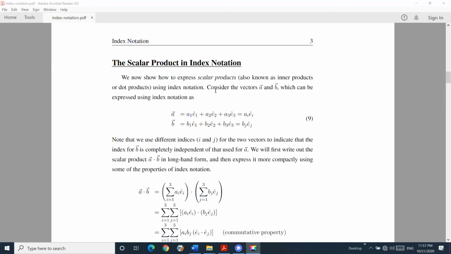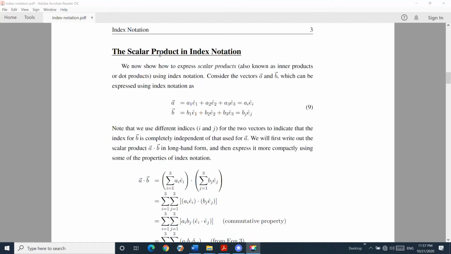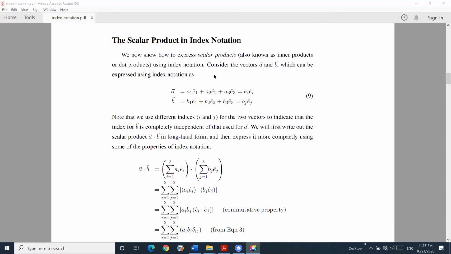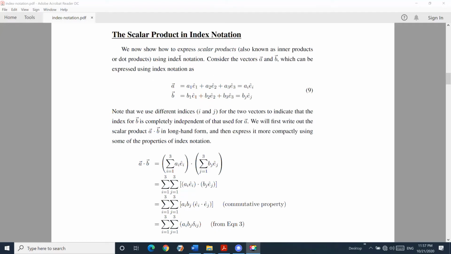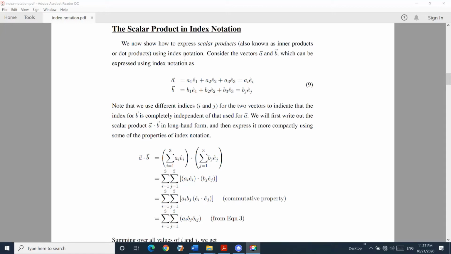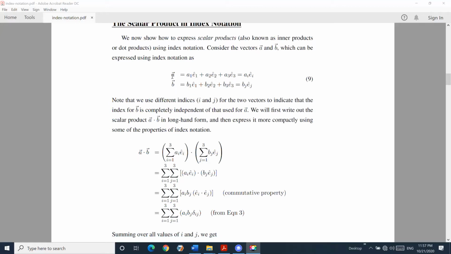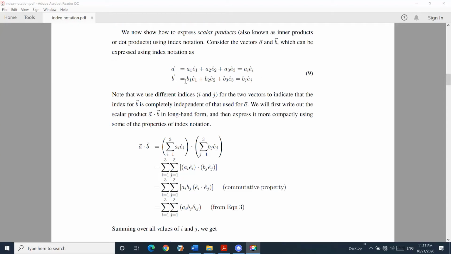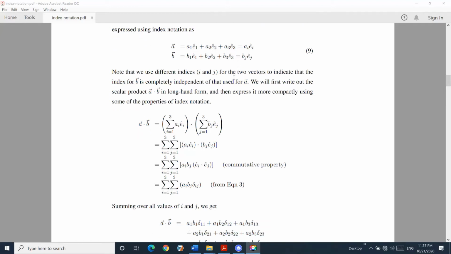Another topic we talk about is the scalar product in index notation. Now we show how to express the scalar product, also known as the inner product or dot product, using index notation. Consider the vectors a and b, which can be expressed using index notation. Vector a is represented like this in open and closed form, and vector b similarly.